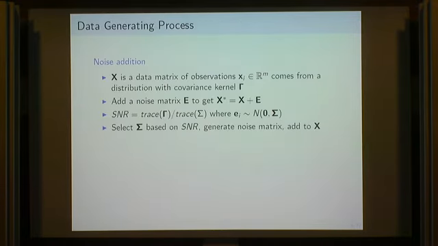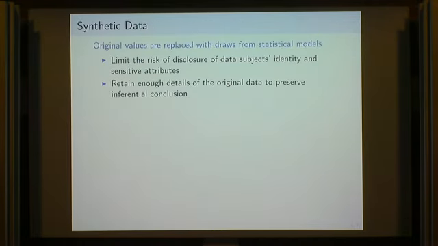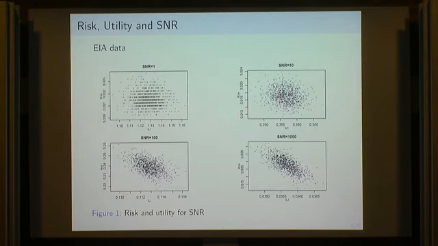At the beginning, maybe one option is to infuse noise as much as possible. Then we can see from here, with equal strength of signal and noise, this is not very meaningful. But if we infuse some less strong noise, then it is even not following the relationship between utility loss and risk.